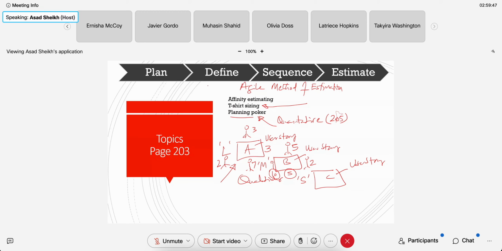Whenever you see this affinity and all that, this is like you categorize. So these two are part of affinity ways of sizing. We categorize and then you decide, categorizing based on qualitatively or quantitatively.